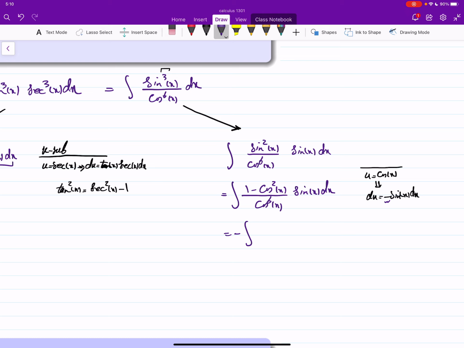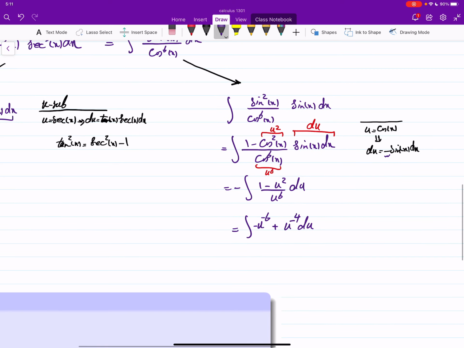So this part here then is du, this part is u to the power 6, and this is u squared. So my u integral is 1 minus u squared over u to the power 6 du. Let me multiply u in, negative sign in, so this will give me a negative u to the power negative 6 plus u to the power negative 4.